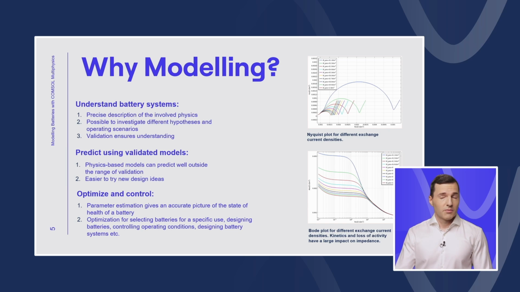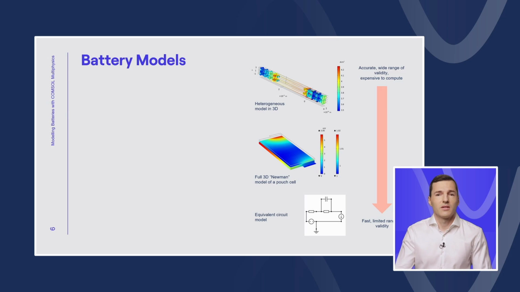So what kind of battery models are available in COMSOL Multiphysics? Let's see, if you are a researcher, you want to do some fundamental research of the chemical reactions in the packs, then that's the right place. Here your microtopography data you can import into COMSOL, and you can create a very detailed heterogeneous model like here at the very top of the slide.